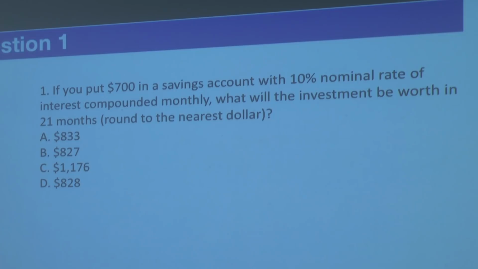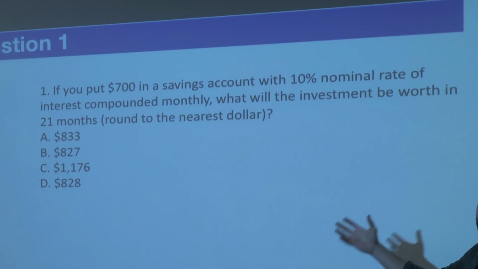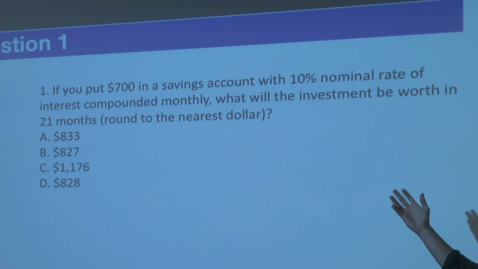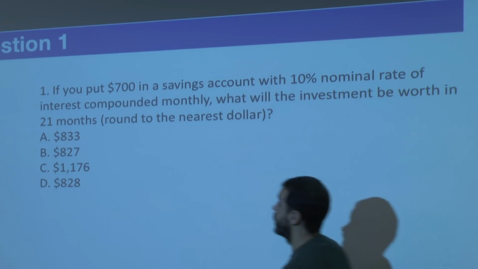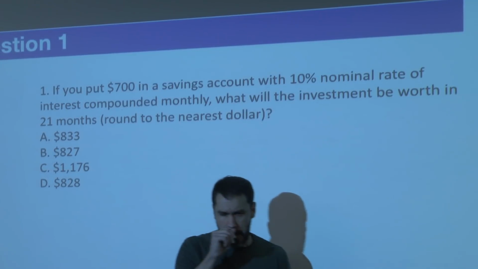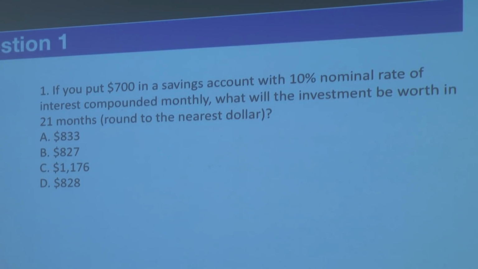Future value, right? I have some amount today that I precisely know, $700. I put it in an account that generates interest, and I want to know how much I will have at some future point in time, in this case in 21 months.